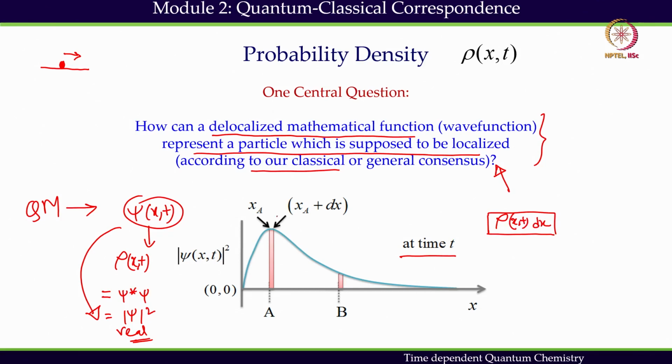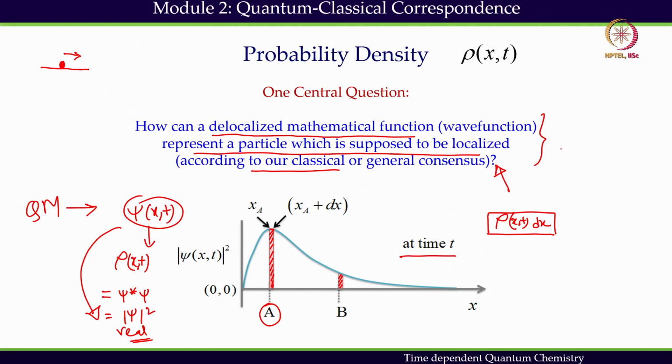So, for example, here I have this distribution function for this interval, and this is the area associated at a particular position A, and at position B this is the area I represent, and the probability of finding the particle.